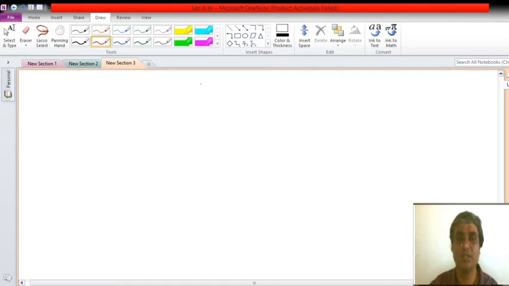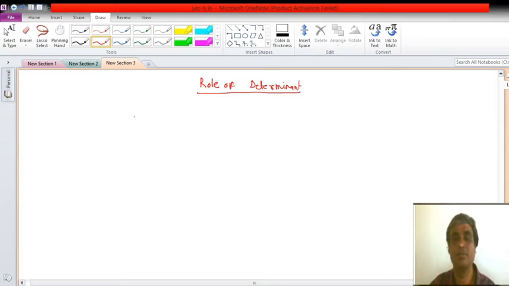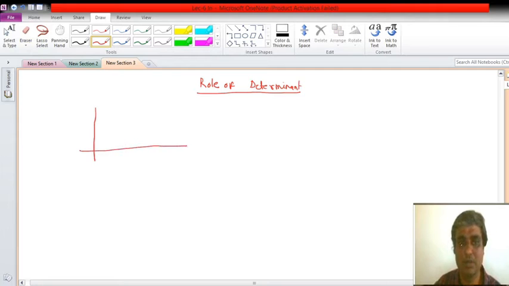Now we will see what determinant means, or what the role of the determinant is, with an example. Say I have an input source, a two-dimensional vector or input signal.